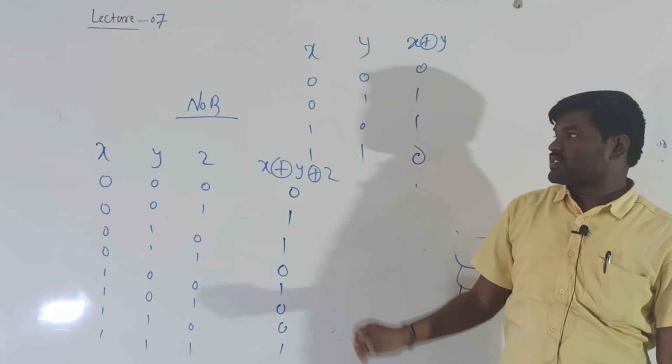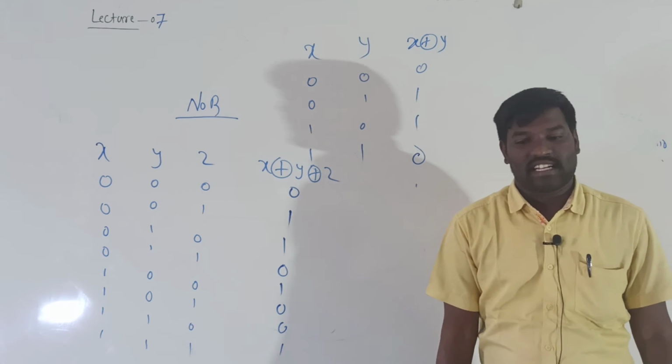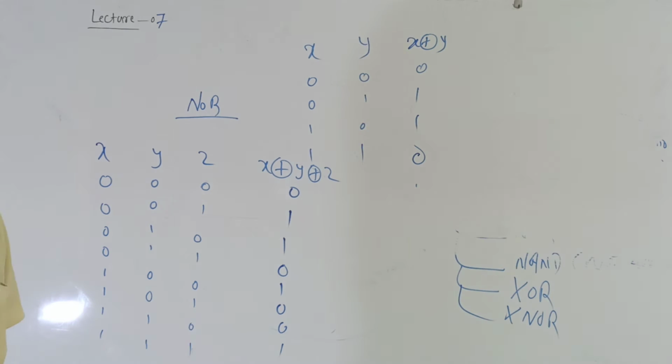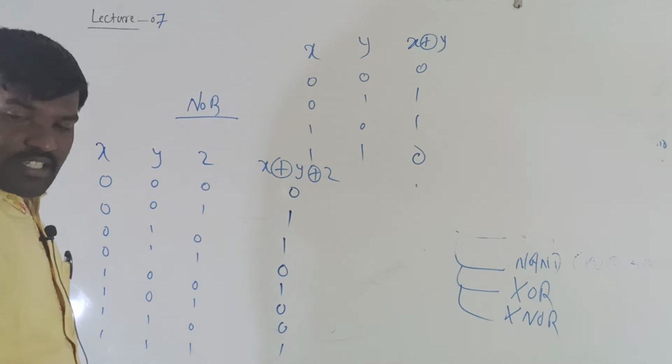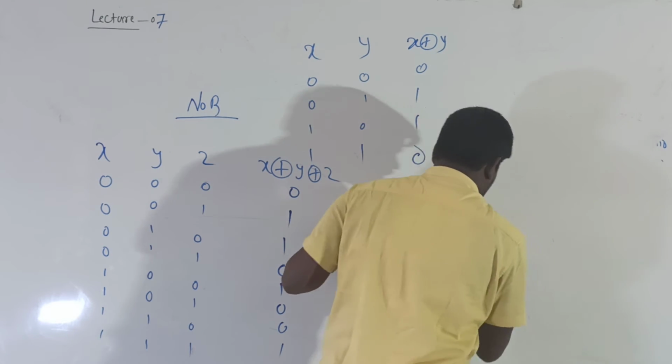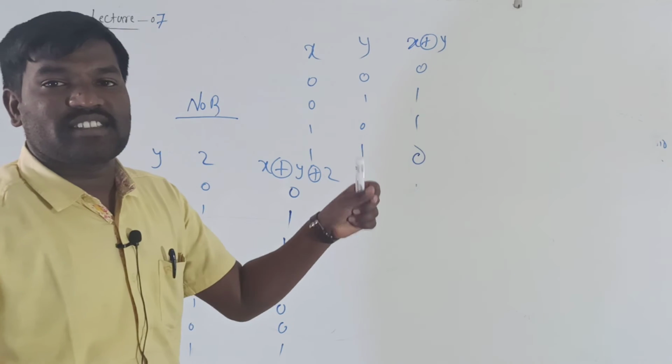Okay, so this is the XOR gate. XOR means exclusive OR gate. Next is XNOR. XNOR is similar to the exclusive OR, not of exclusive OR.